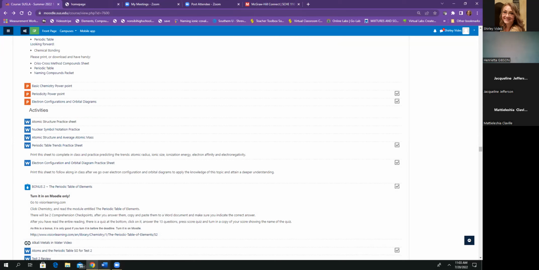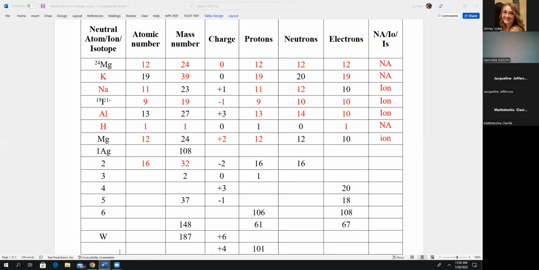For 16, you said the element? Remember, you have to look at the top number. Is it oxygen? No, sulfur. Right down below oxygen. So the top number is 16, right? That's the atomic number. And the mass number is 32. All right, so how many electrons do we have since we have a -2?